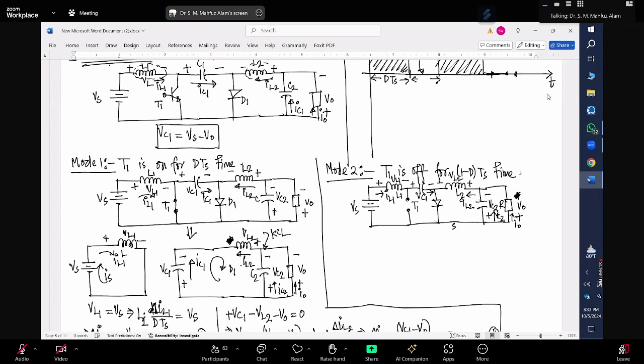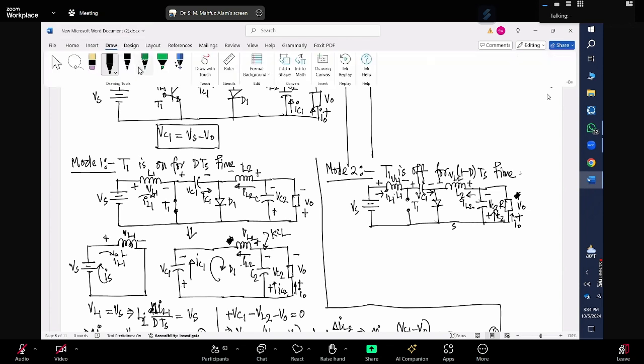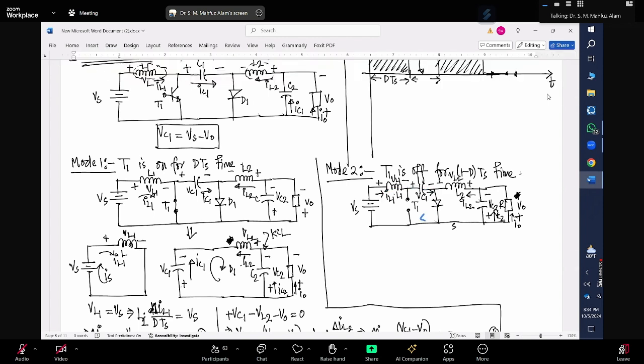So what will happen now? Since this inductor and this inductor both have a current direction, and the inductor doesn't like the current to change its direction, both of them, inductor L1 and L2, will force this diode to operate so that the inductor 1 current can go through the diode like this, and the inductor 2 current can go through this diode in this direction.